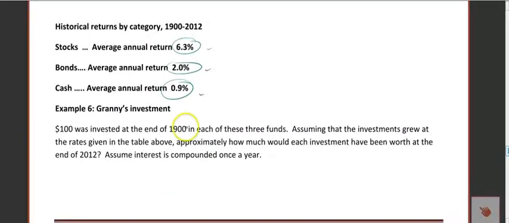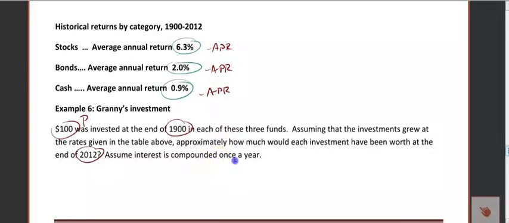Okay, so end of 1900 all the way to 2012, I need to know how many years that is. So I've got to have that value. And I know I'm investing $100, so there is my principal amount. I've got my APRs here for each of those situations.